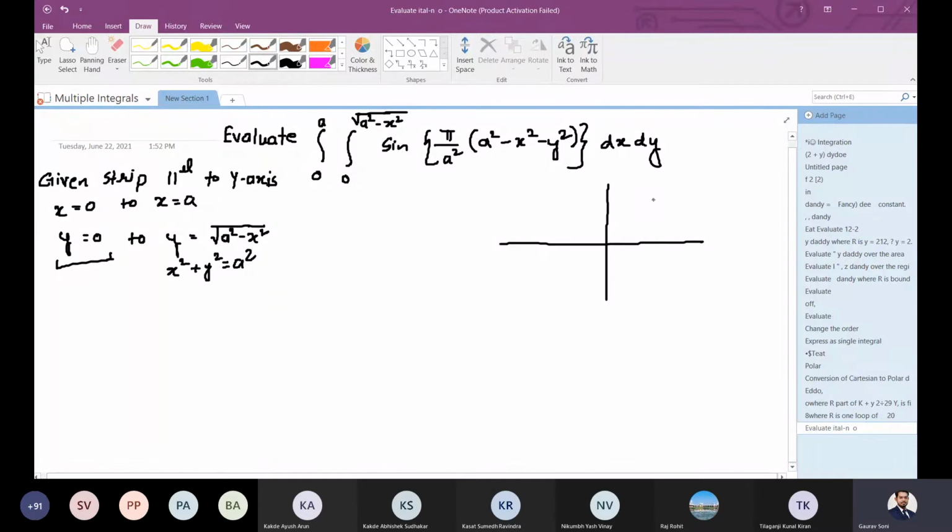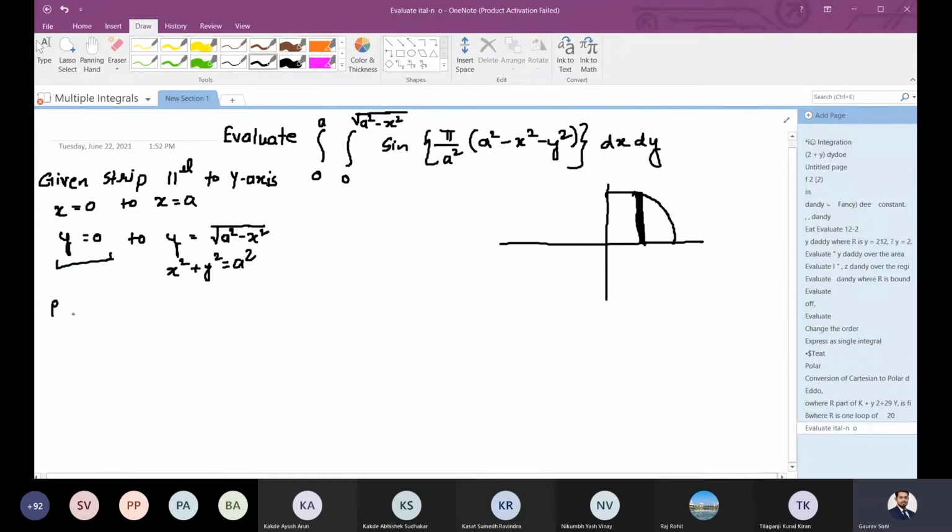I'll draw the circle here. The strip is vertical. It starts from y equal to 0 and ends at the circle. Moreover, x runs from 0 to a, so only this much part is there. As it is a circle, I will convert the given integration to polar form.